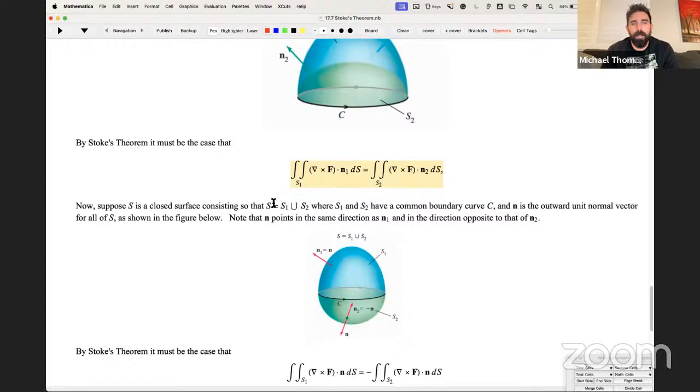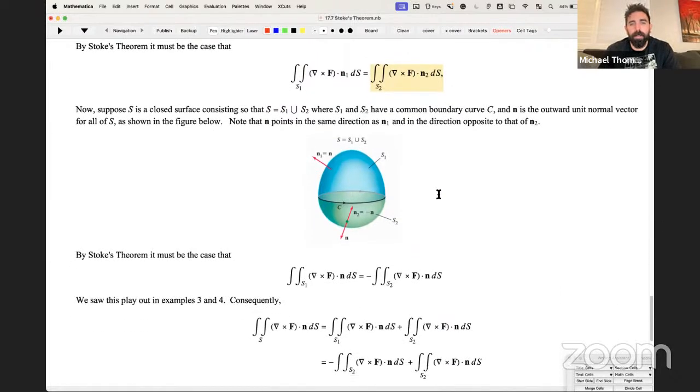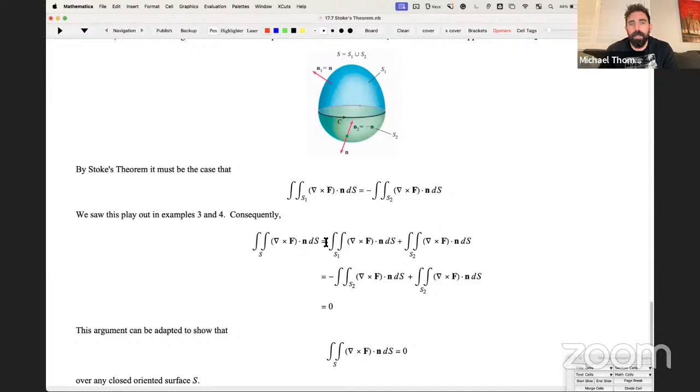And then you can imagine if you took the whole surface and put it into this egg-shaped thing and you oriented the ends so everything was pointing straight outward, then one of these would be positive and the other would be negative, but they'd be the same magnitude. So if you were to go across the whole surface, you would add the integral across S1 plus the integral across S2, but S2 would be the negative of S1.